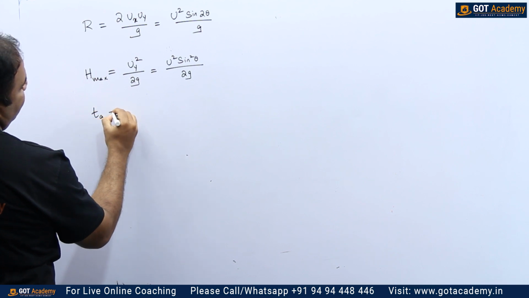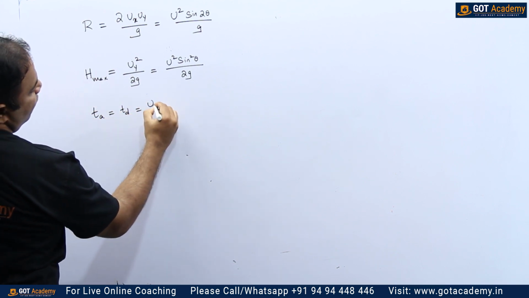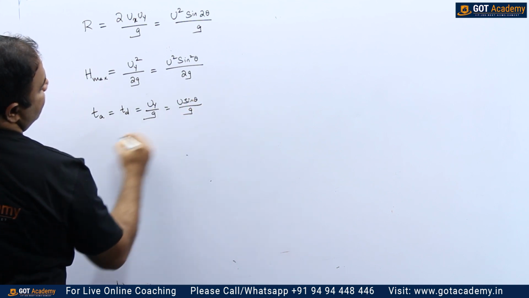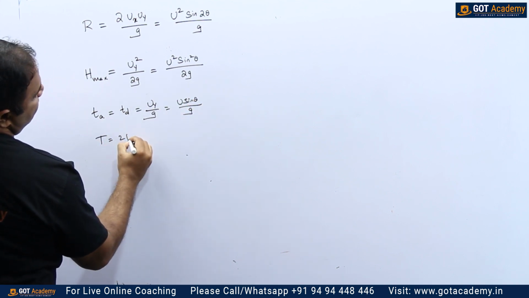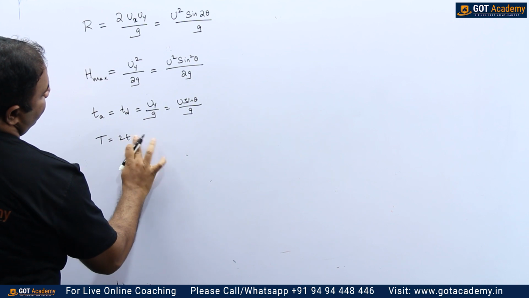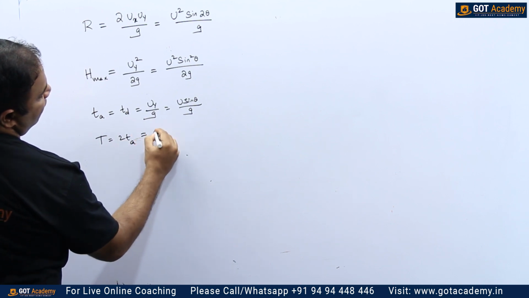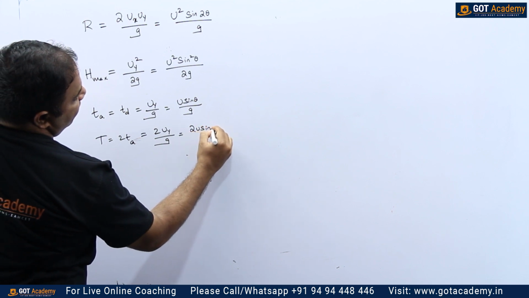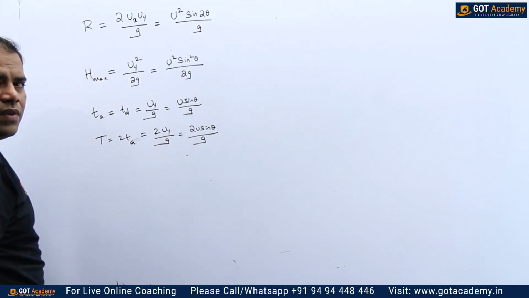Time of ascent and time of descent is uy by g, which is equal to u sine theta by g, where time of flight is nothing but 2 times the time of ascent, which is equal to 2 uy by g, which is equal to 2u sine theta by g. So these things we have studied.